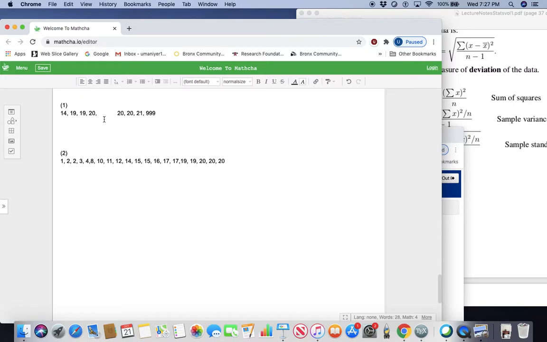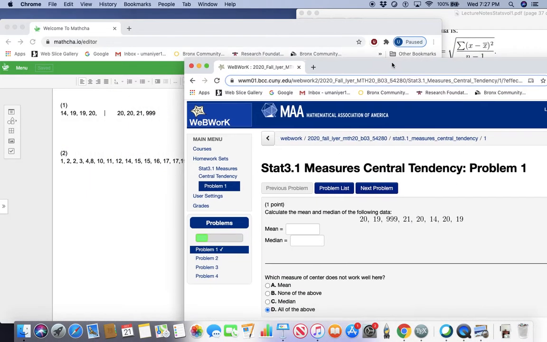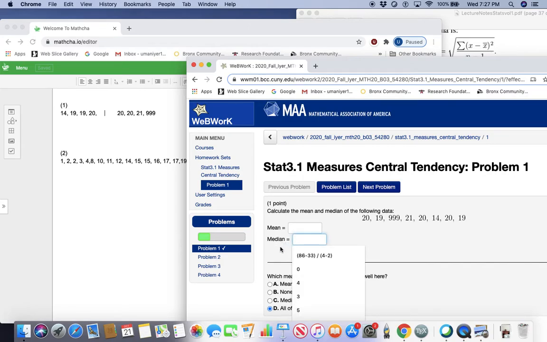Now there is no number over here. When I have an even split like this, that is same number here, same number here, nothing left in the middle, then I take the arithmetic mean of these two, that is 20 plus 20 over 2, average of the two. So that is the median.